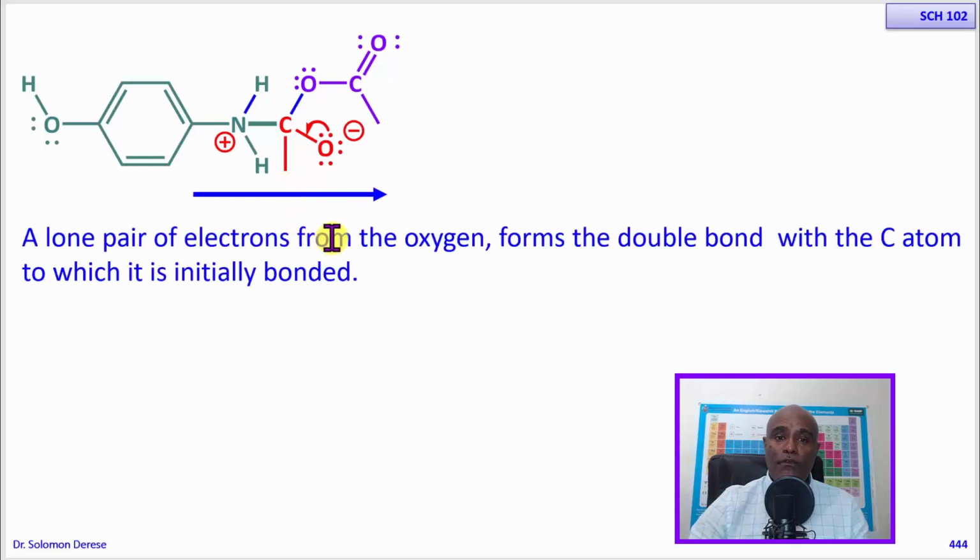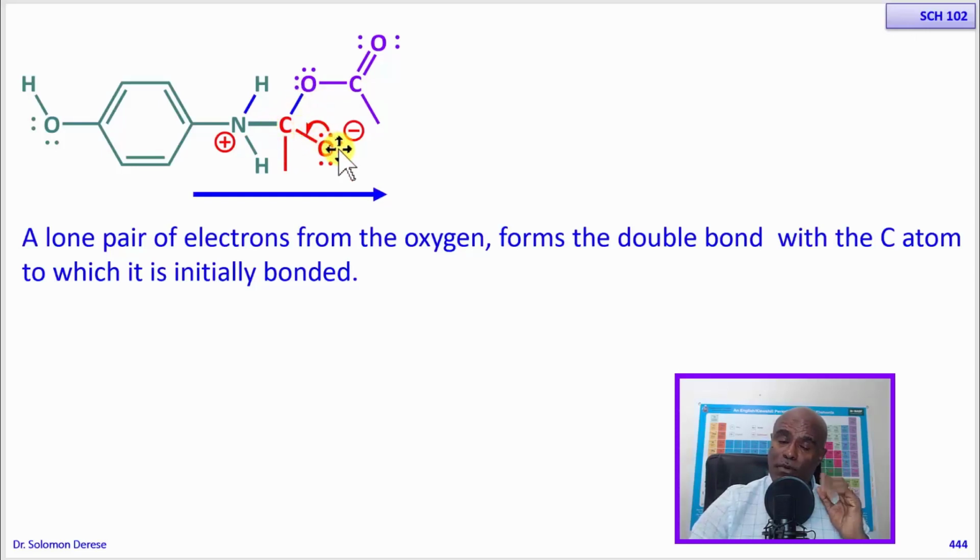So a lone pair of electrons from the oxygen forms the double bond with the carbon atom to which it was initially bonded. Remember, initially we had a carbon-oxygen double bond in acetic anhydride. When the nucleophile attacked that carbonyl carbon, we broke this pi bond, because pi bonds are weaker than sigma bonds. That's why the pi bond was broken.